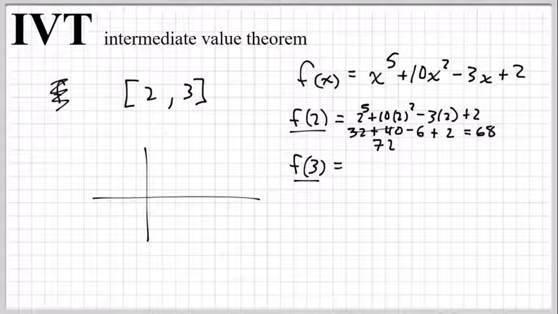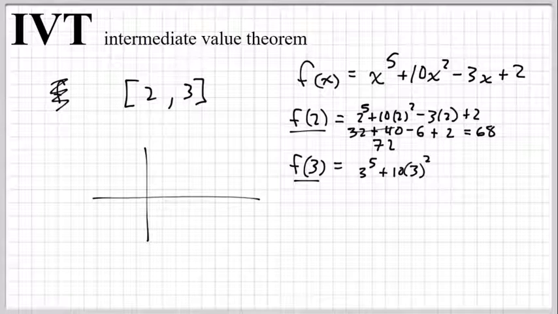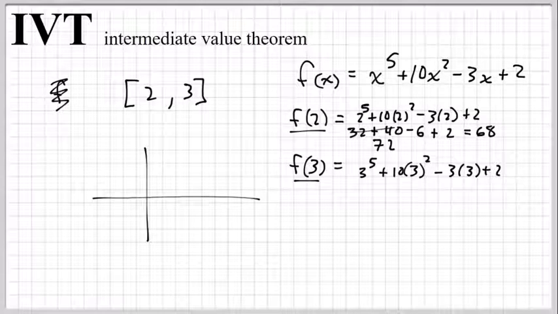What is f of 3? Let's plug that in. This one's going to be gnarlier. So we have 3 to the 5th power plus 10 times 3 to the 2nd power minus 3 times 3 plus 2. What is 3 to the 5th? 3 times 3 is 9, times 3 is 27, times 3 is 81, and 81 times 3 is 243.